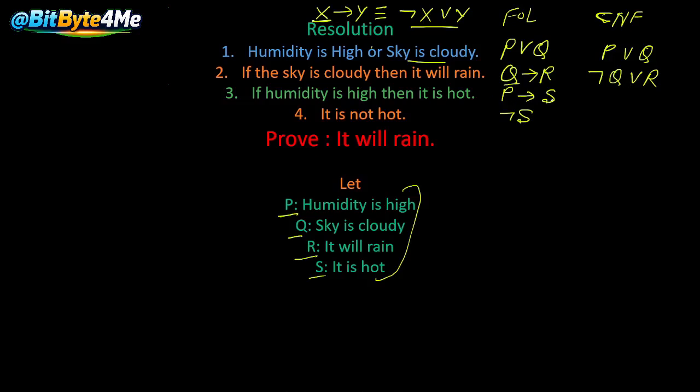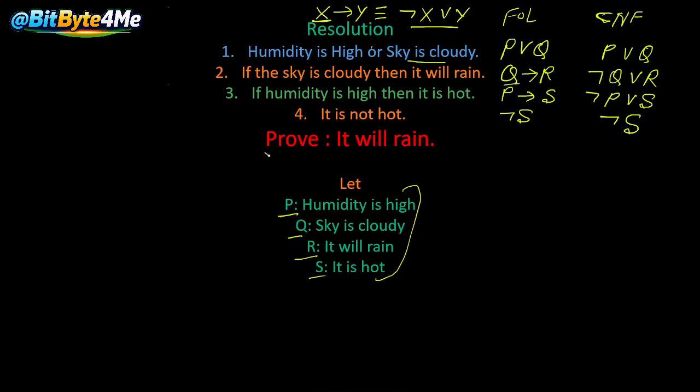Similarly, P implies S, we eliminate the implies sign: not P or S. Not S is already in CNF form, so we write it as not S. So basically we have to remove the implies sign. Now these statements can be used for resolution.